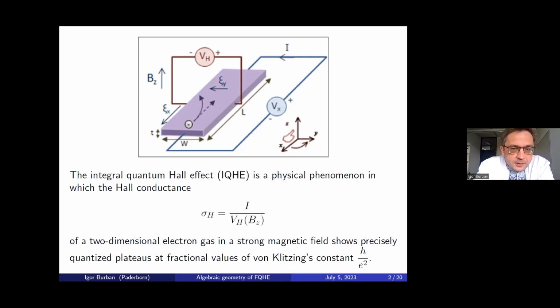And now we can consider the physical quantity, the quotient of our initial current I by the induced voltage appearing from the magnetic field, which is called Hall conductance. And the inverse value of the Hall conductance is Hall resistance. Now, what is special about this value?